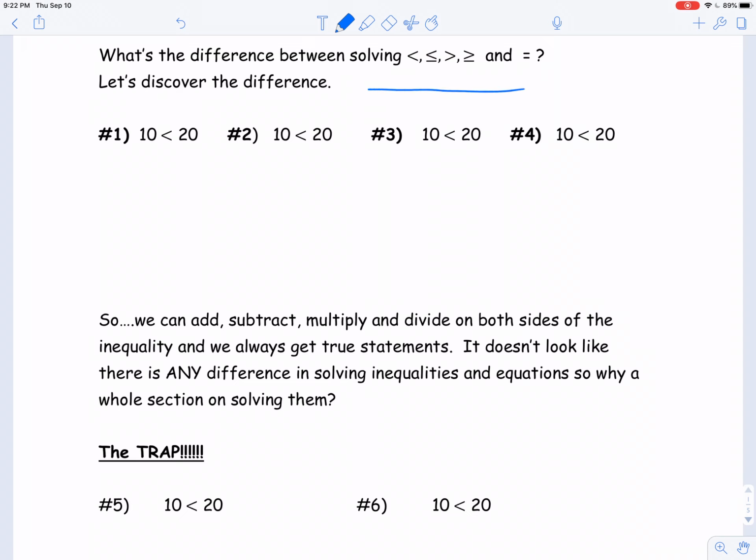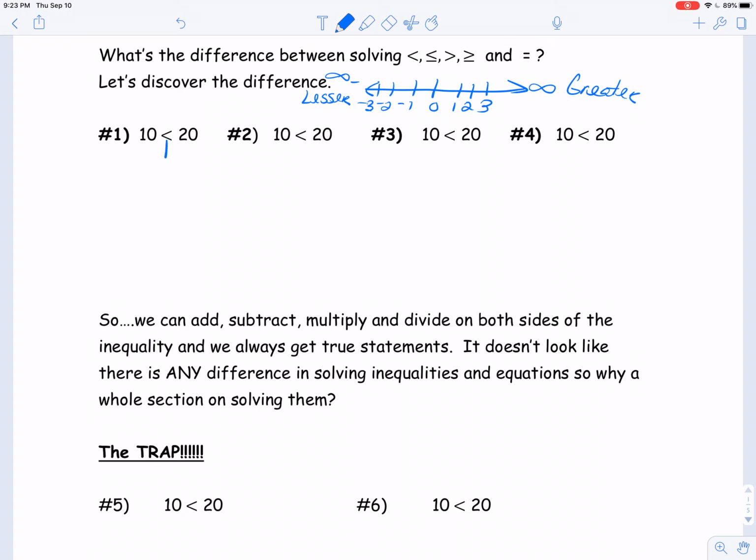Let me just remind you on the number line, you've got your positive numbers to the right, your negative numbers to the left, and you're approaching positive infinity as you go right and negative infinity as you go left. So the greater numbers are always going to be to the right, while the smaller numbers, or the lesser numbers, are always going to be to the left. Okay, so just a little reminder there.